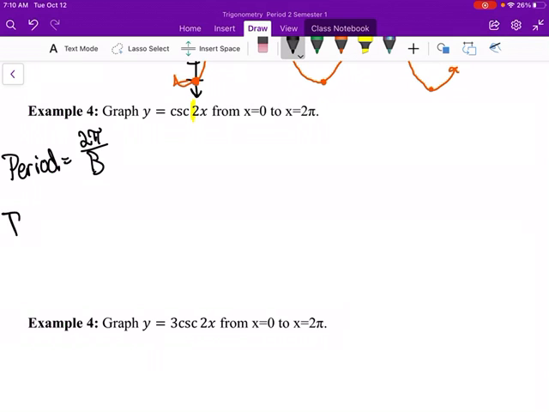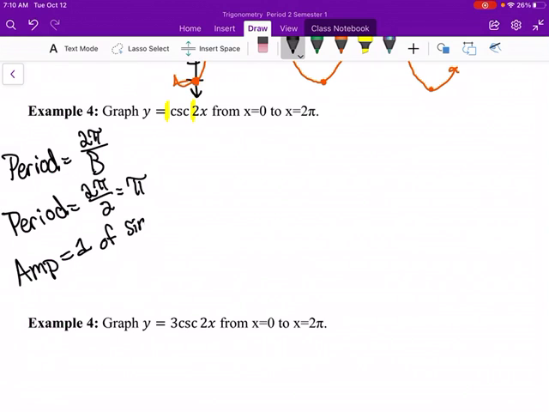So this one, our period, is equal to 2 pi over 2, which simplifies to pi. And our amplitude for this is the number in front, our a value, and this one doesn't have one, so our amplitude for the parent function or the sine function is going to be 1, but the cosecant function doesn't have an amplitude of its own. So this would be the amplitude of our sine function.